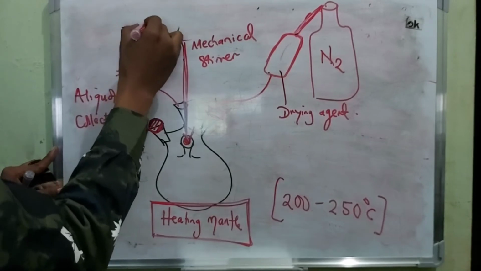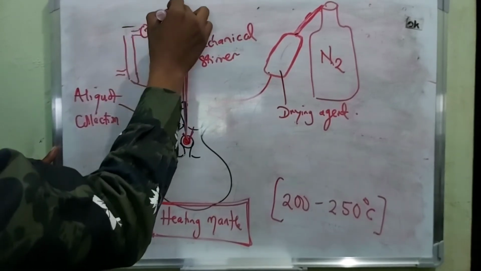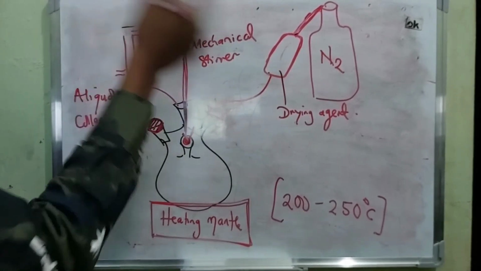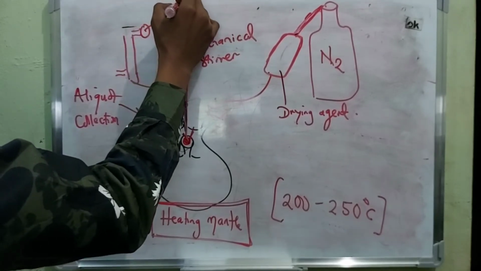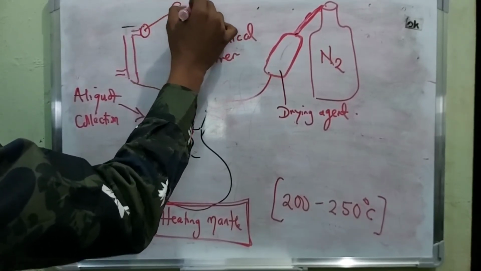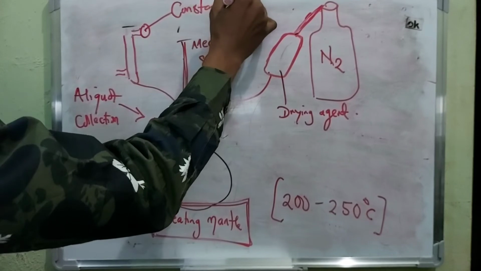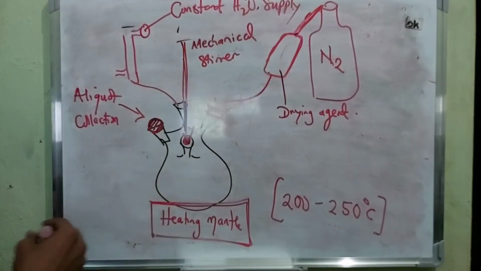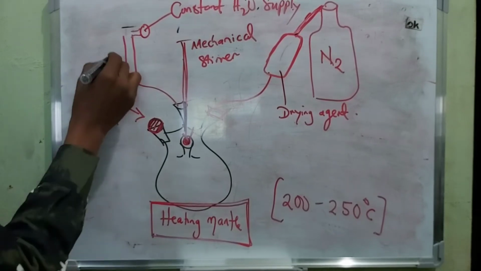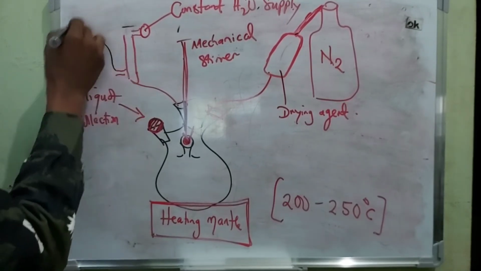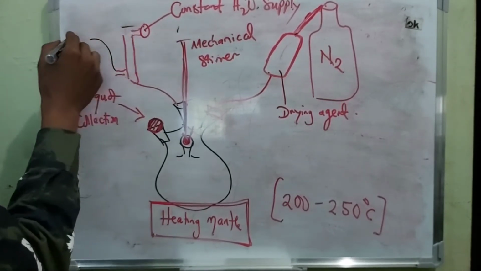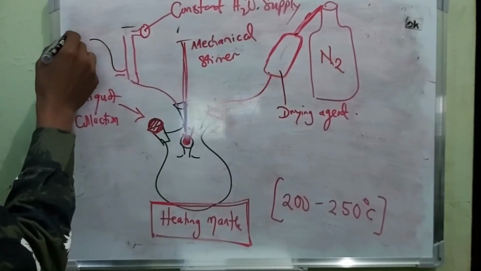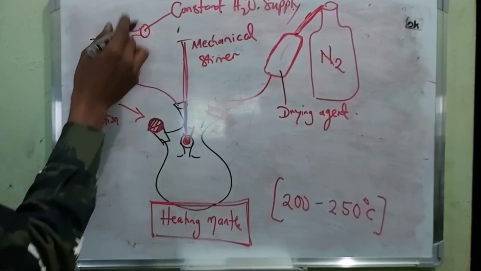We all know a condenser has two openings, one inlet and one outlet. So this should be connected to a constant water supply. Then the outlet should be wired or transferred to some system.